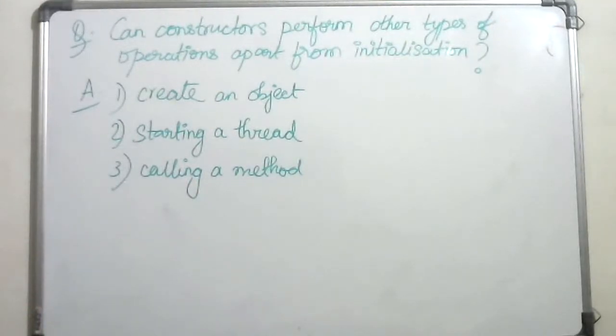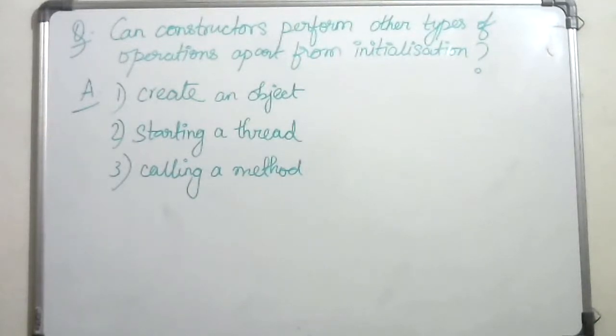You can call that method from inside the constructor. Let's say the input method. So instead of calling the input method in the main function, you can directly call the input method inside the constructor. So once the object is created, the input method is automatically called from inside the constructor. You could do it in that way.